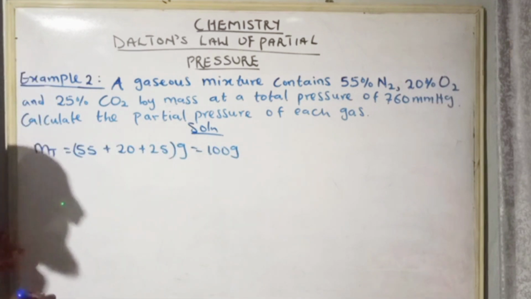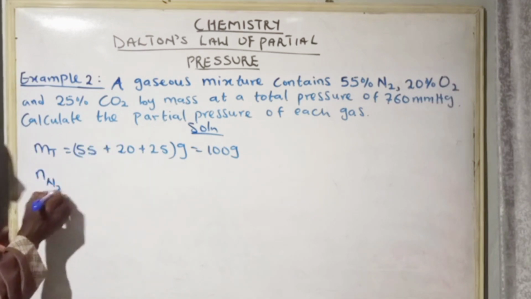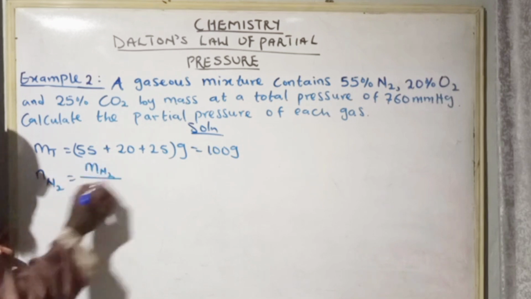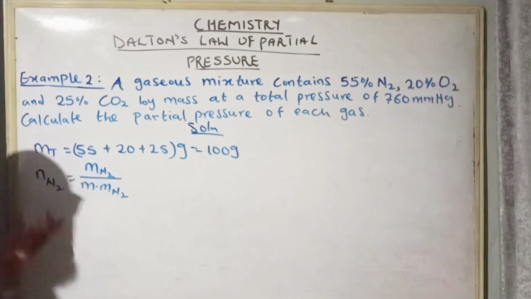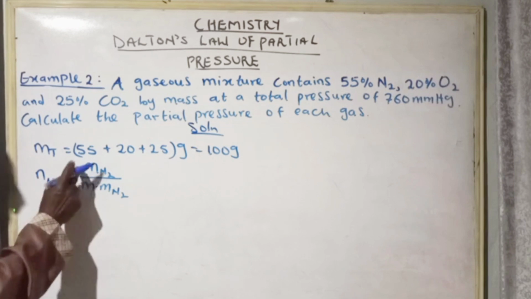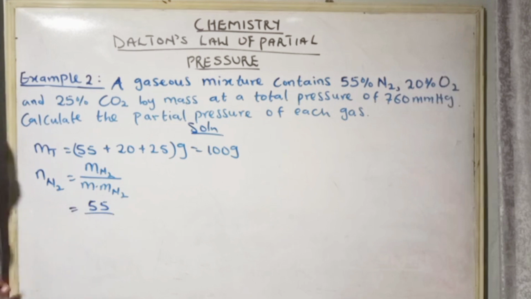Fine. And the number of moles of nitrogen will equal the mass of nitrogen divided by the molar mass of nitrogen. So to get the number of moles of nitrogen, it now equals the mass of nitrogen, which is 55, divided by the molar mass of nitrogen.